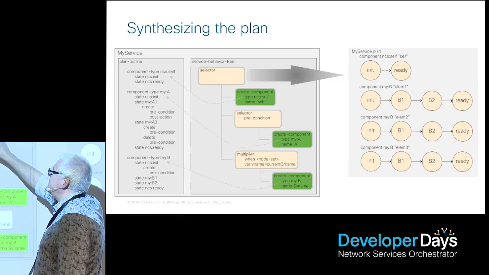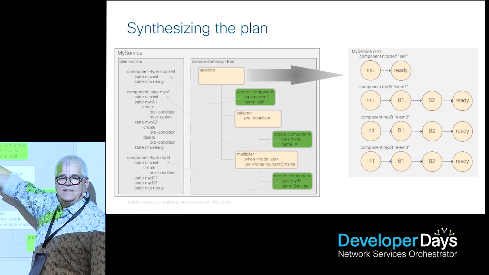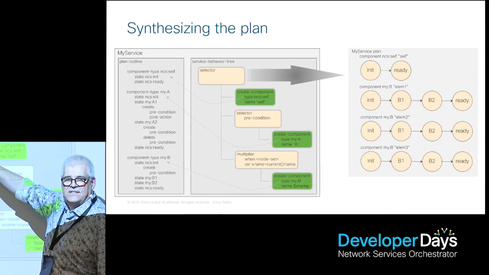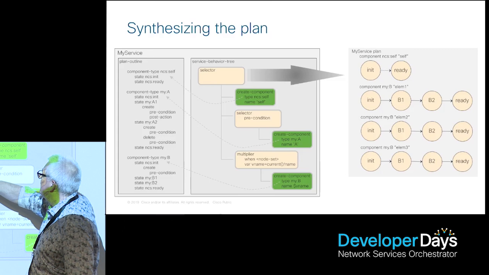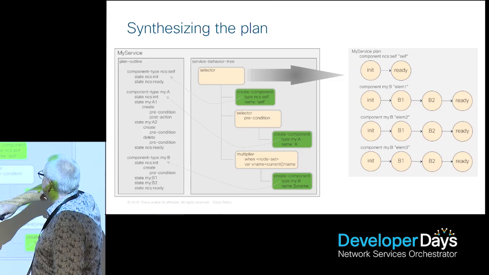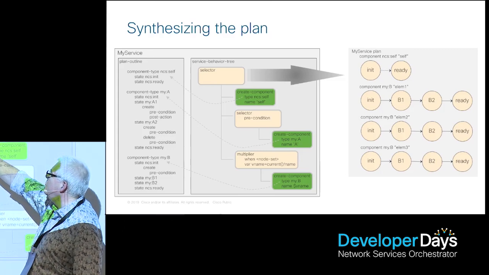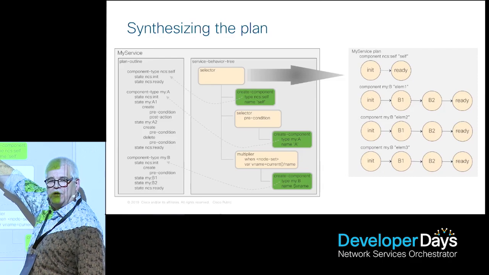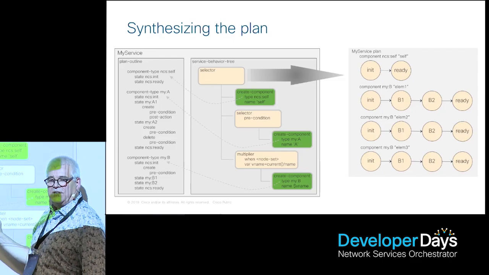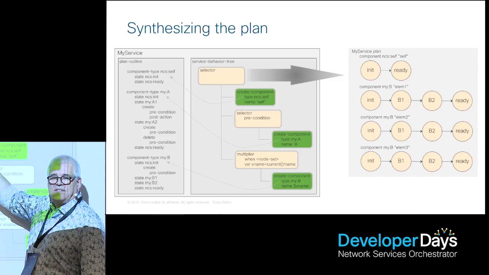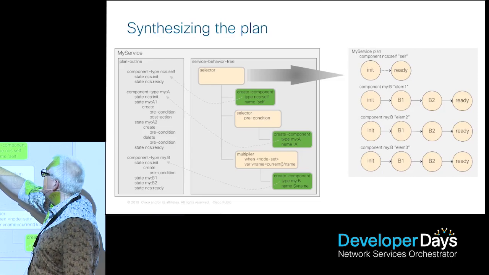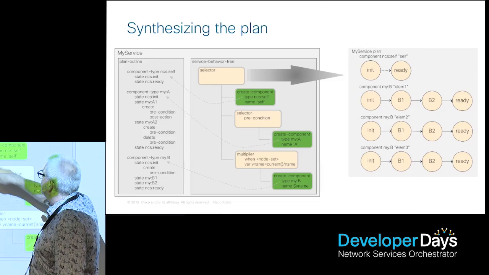And then there is a behavior tree, and this is like the 80s AI expert shells that had a decision tree. So for the moment, there are 2 types of control flow nodes, selectors and multipliers. And what they do, they just evaluate stuff. They can have preconditions and evaluate them.